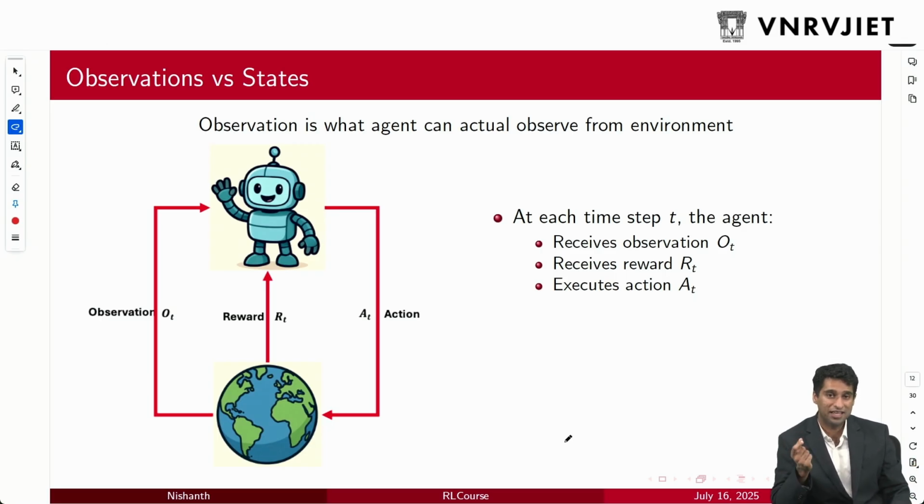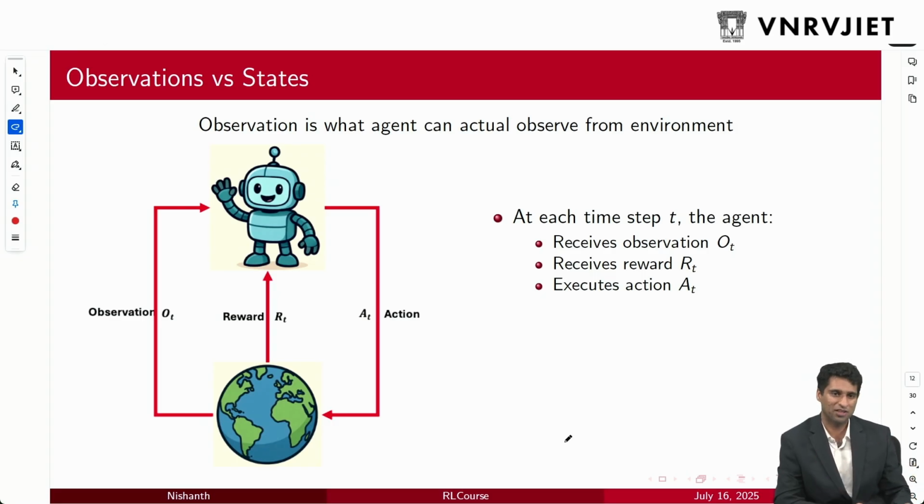But what the agent actually observes is, if the self-driving car has certain cameras, then with each camera the agent can see certain parts of the environment. And based on the reading from the speedometer, it can estimate its current speed. So what the agent observes can be quite different, and much less information, compared to the actual state of the environment.